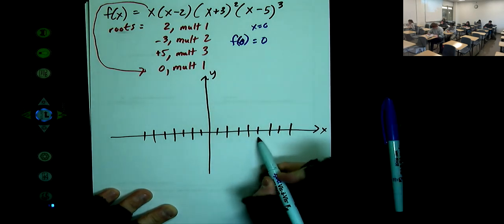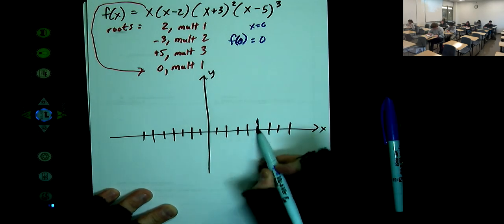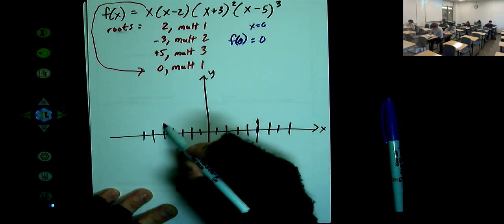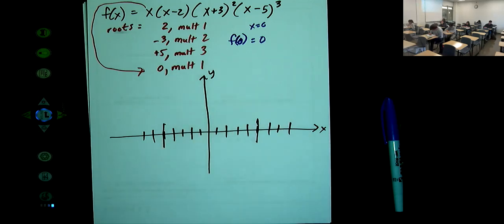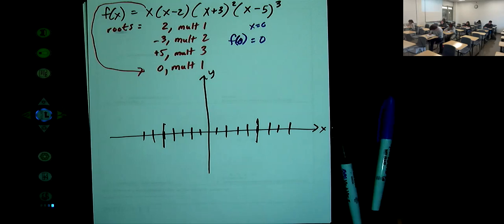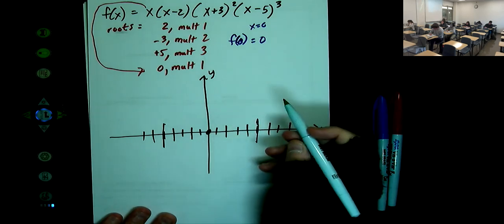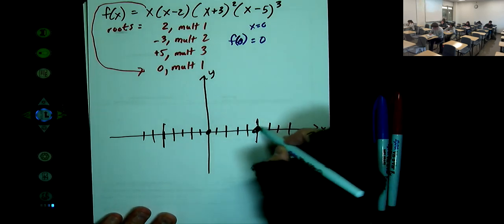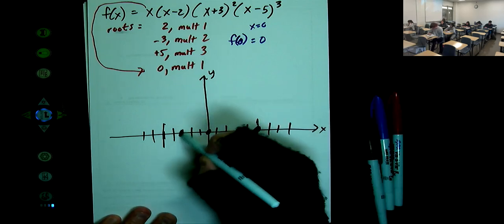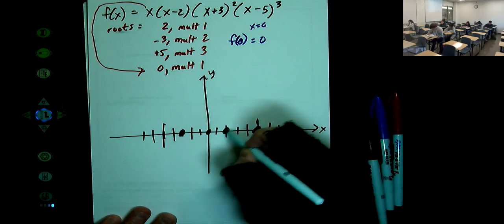This is my x equals 5 right there, and this is -5. Okay, so my roots are at 0, at +5, at -3, and at 2.